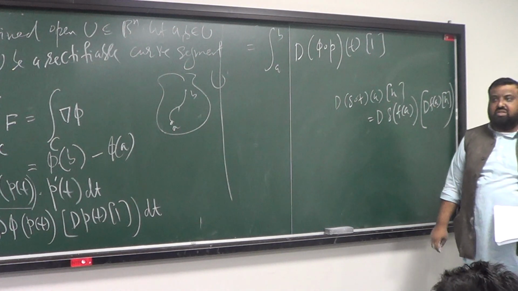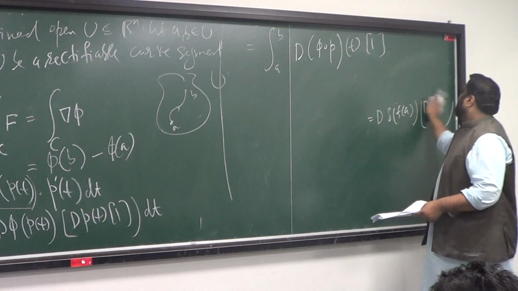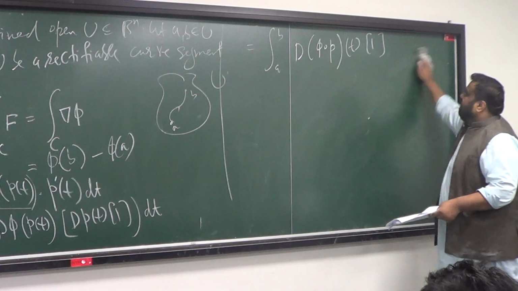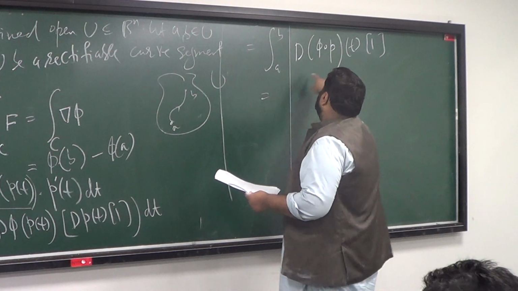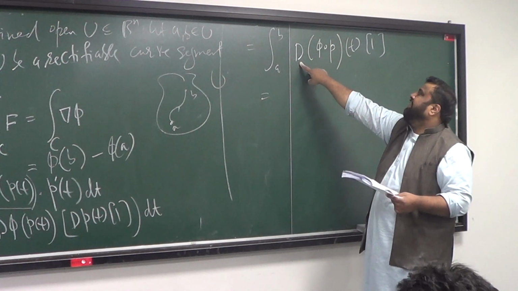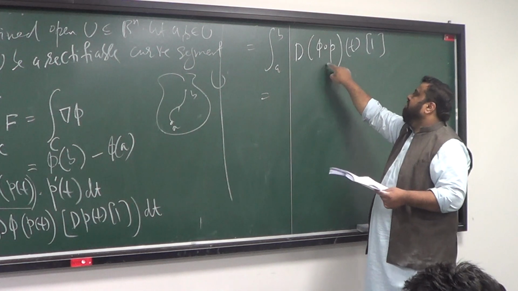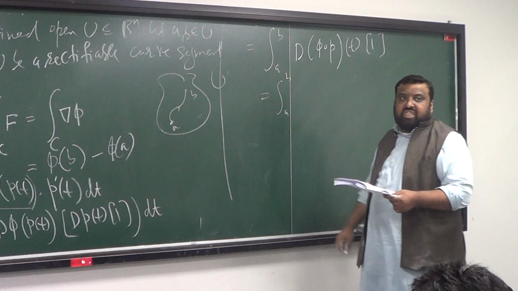Just compare it with this. So you have it. So that's a path, and you are computing the Fresher derivative of a transformed path. So what is the Fresher derivative of a transformed path?